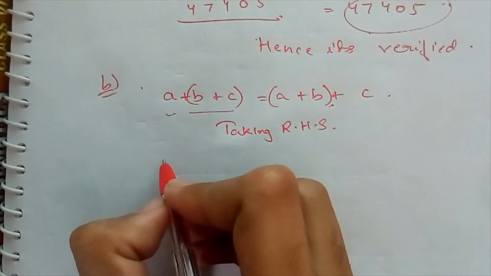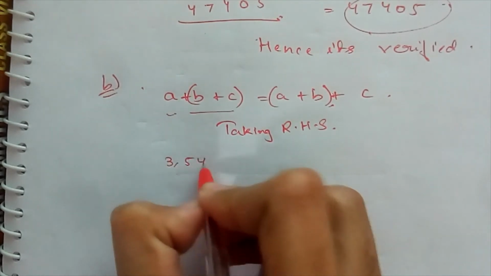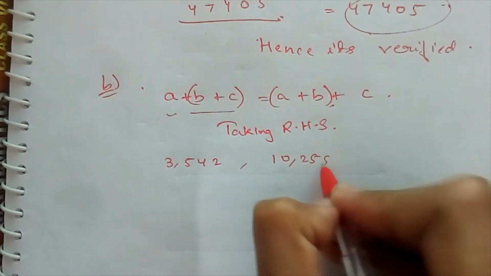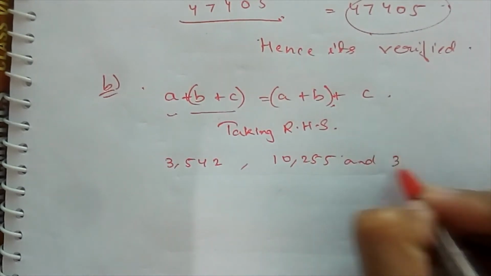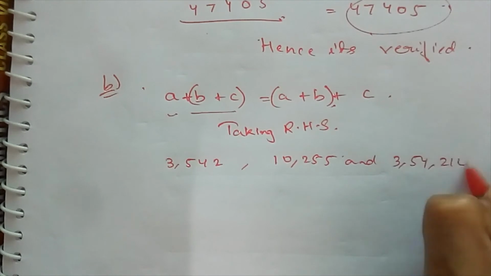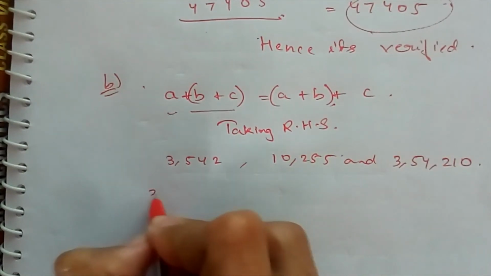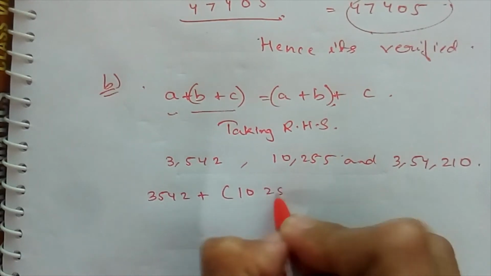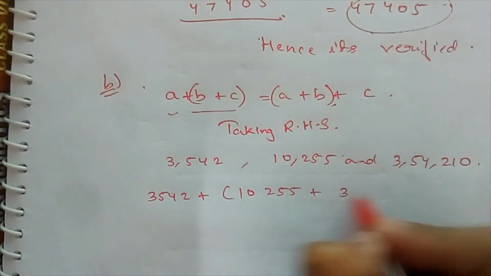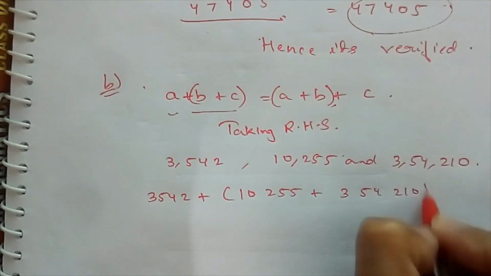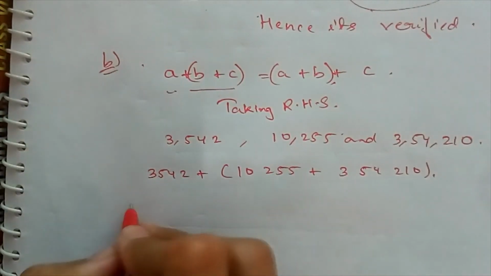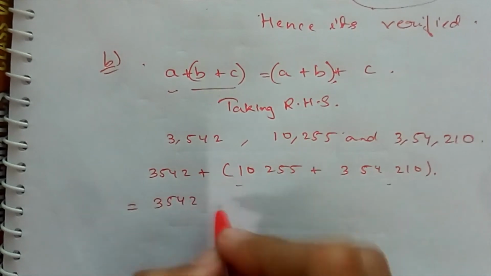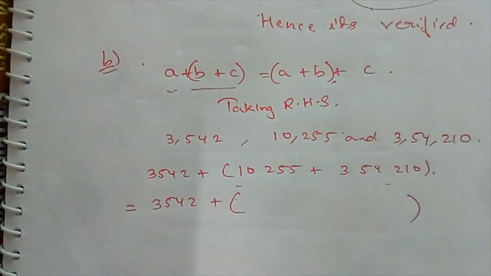So first quickly write the terms 3542, 10255 and 354210. So the first term is 3542 plus 10255 plus 354210. First we will add the bracket terms. Let's quickly add these.